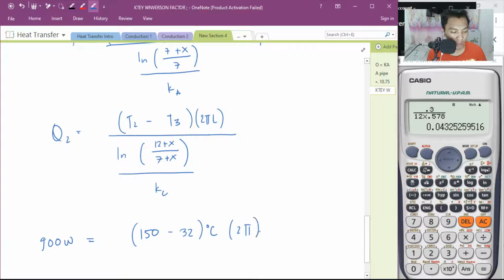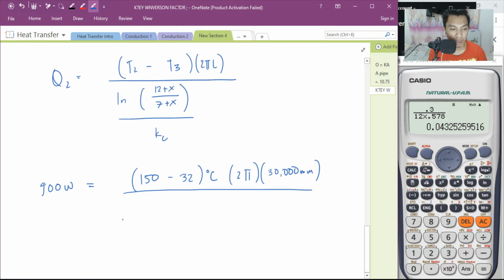Ano yung length na binigay diyan? 30 meter. Naka-millimeter tayo, so 30,000 millimeter. Okay?